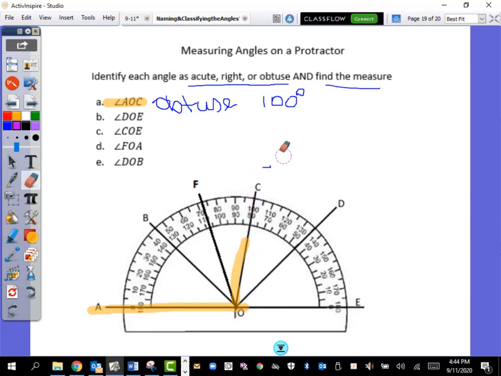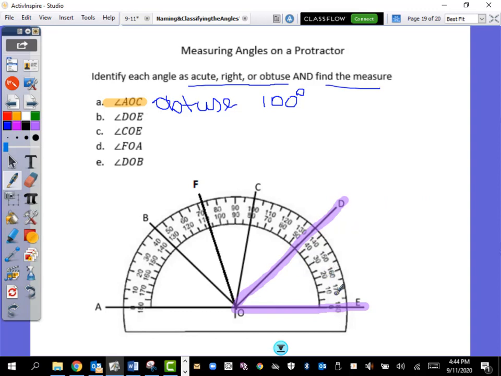Now we're going to look for letter B, which is angle DOE. So let's classify what's the angle EOD.